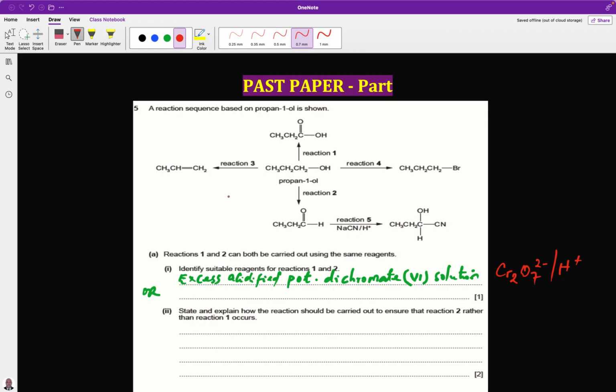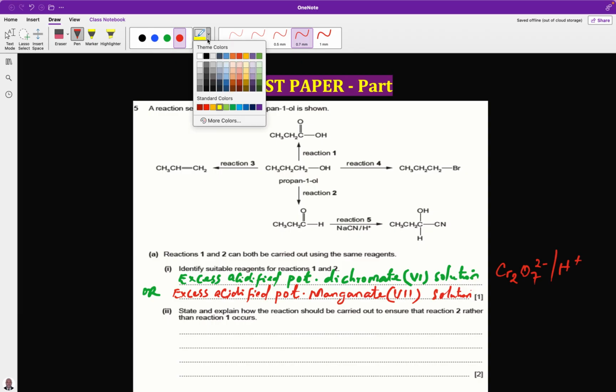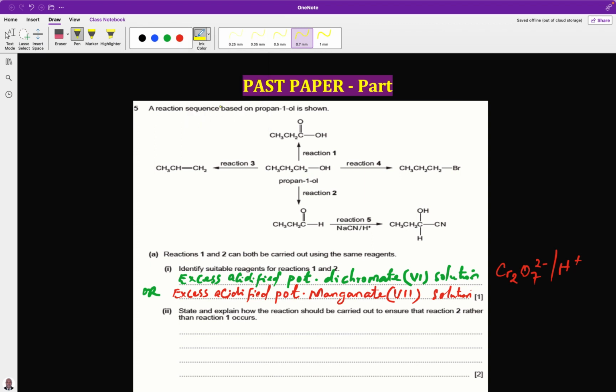Or you could use excess acidified potassium manganate 7 solution, which can be written as KMnO4.